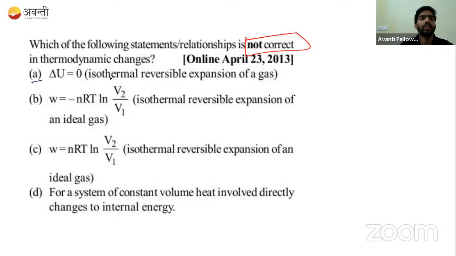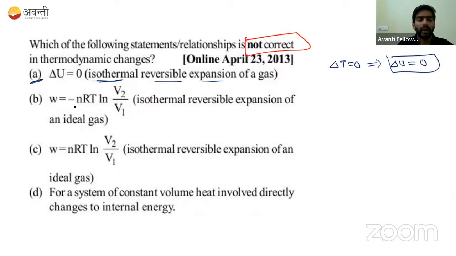It is telling about the isothermal reversible expansion. And you know that if it is isothermal, that means delta T is 0, it implies that the delta U is going to be 0. That means this is the correct statement. Now, what is it telling?